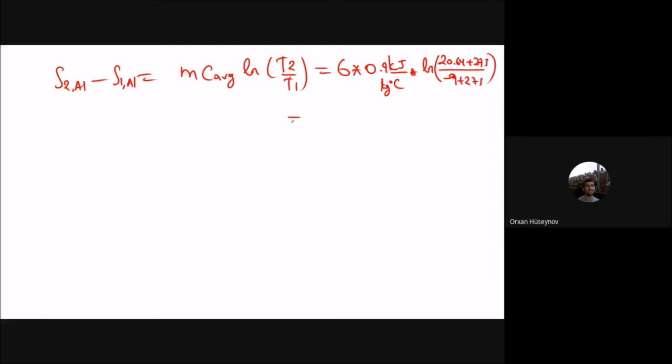This one will be for the aluminium. If you do that, you will get the result as 0.56 kilojoules per Kelvin.